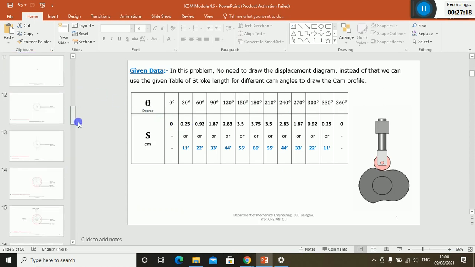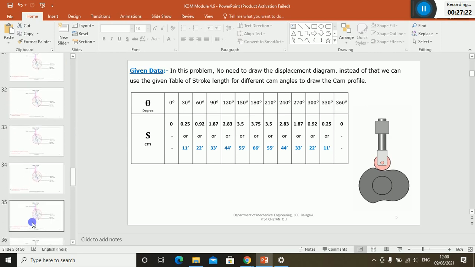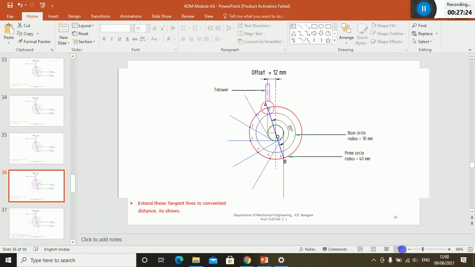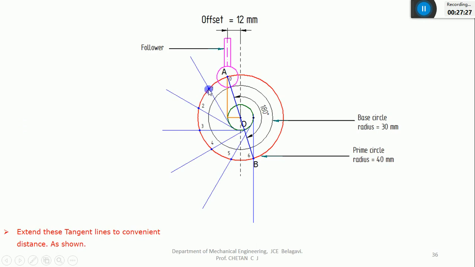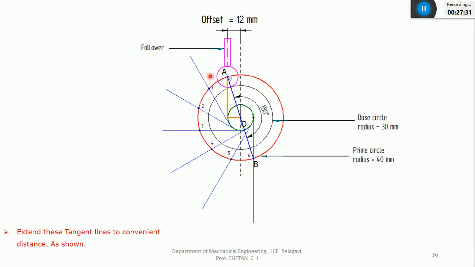I'll copy that with the help of the compass and take the reference as 1. I'll draw the arc of 0.25 centimeter. It will be a very small length. It will intersect this first tangent line at this point. I'll indicate it as 1 dash. This is 1 to 1 dash.